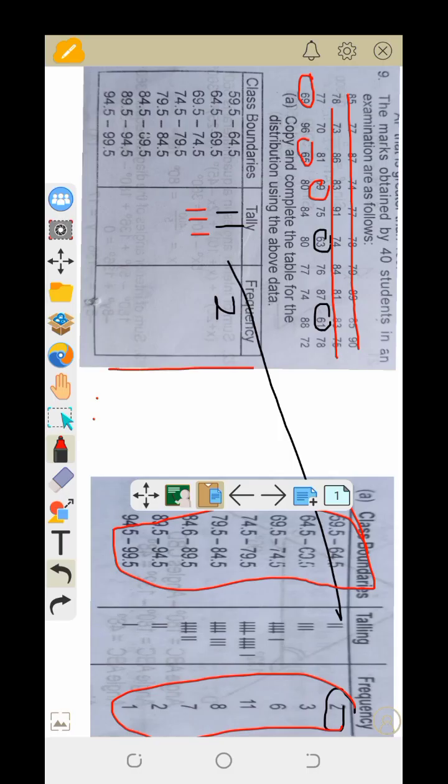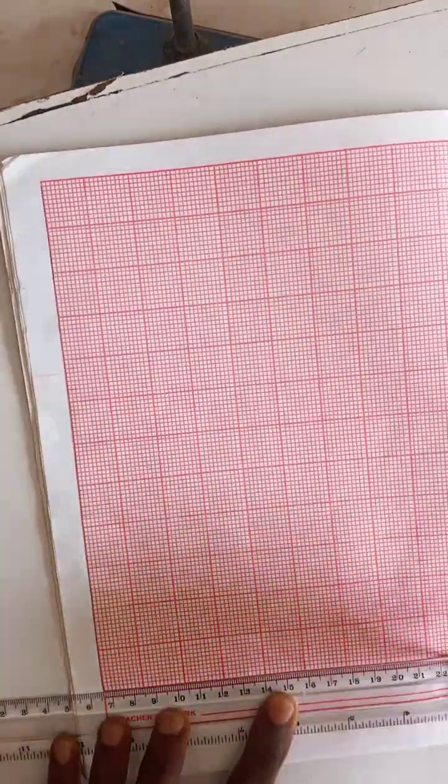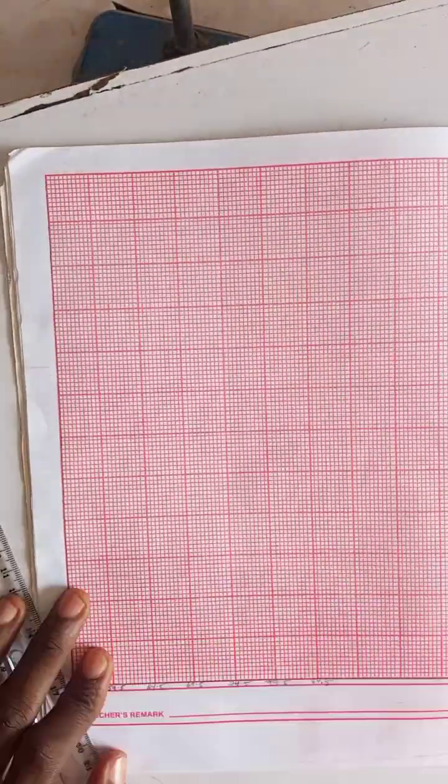The difference between a histogram and a bar chart is that a bar chart has spaces in between the bars. A histogram doesn't have space. In both, the widths of the bars are equal. Now we draw the height of the bars corresponding to the frequency given.